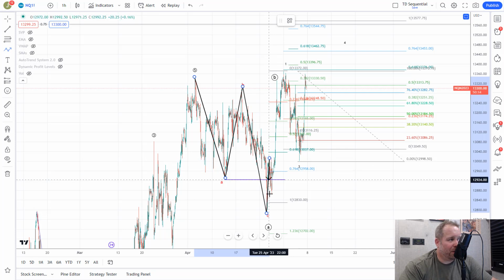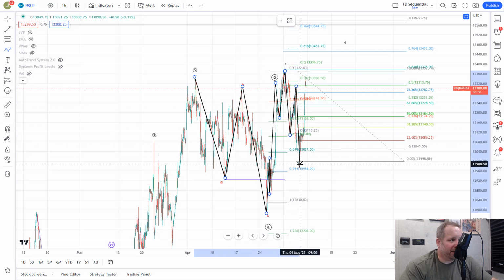Then we got a 1, 2, 3, 4, 5 wave move up for wave 1 of 3. We got the ABC down for wave 2 of 3. And now we're looking for 3 of 3 to continue that breakout. Now, if this is going to continue its breakout, what we will likely see is a move up toward 13,453.